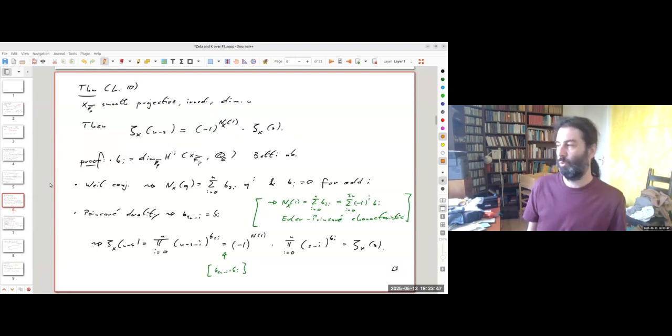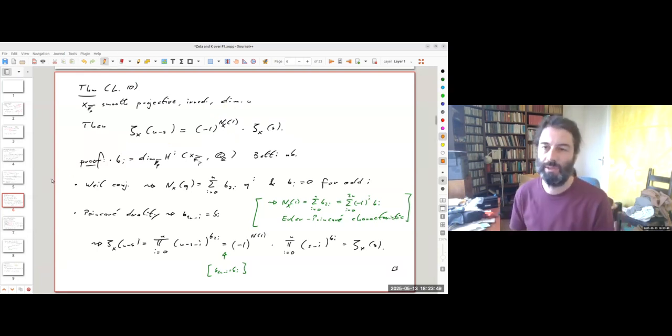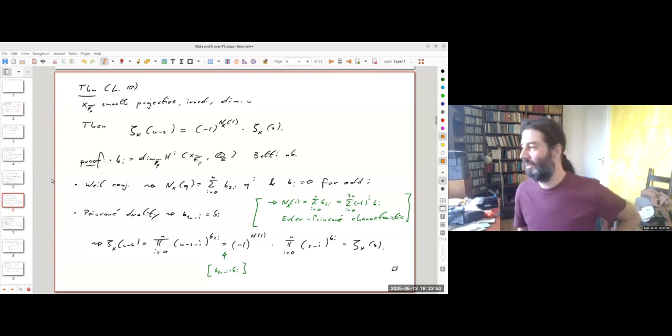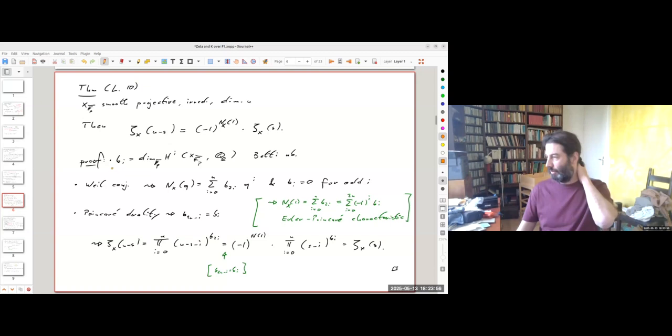I show you the proof because it's very easy, but it shows what we need for that, namely the Weil conjectures. So I define b_i as the i-th Betti number of l-adic cohomology of X over F_p bar.